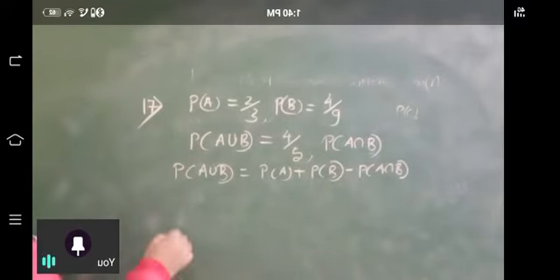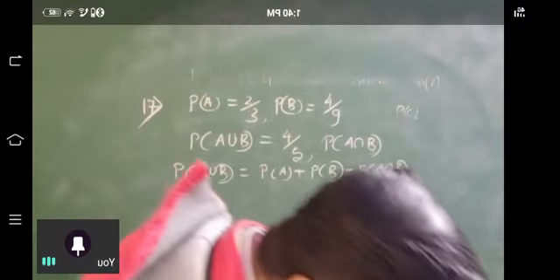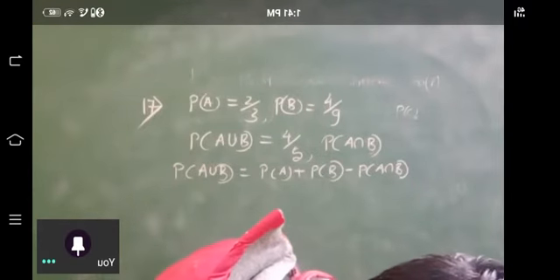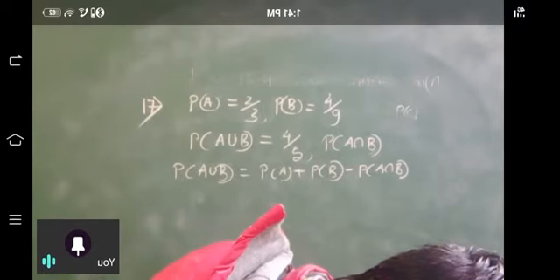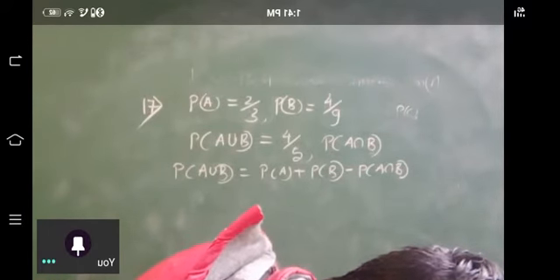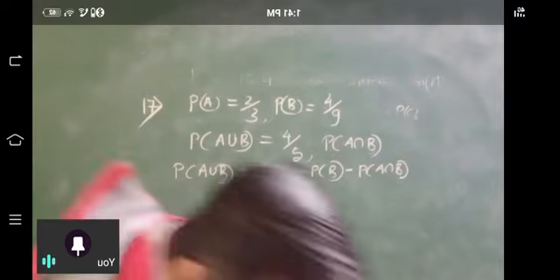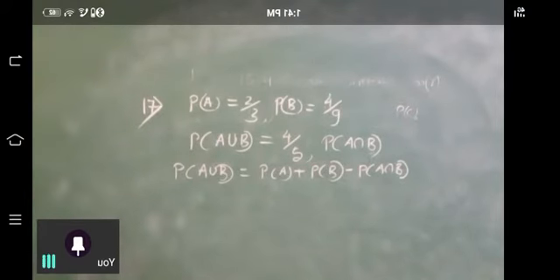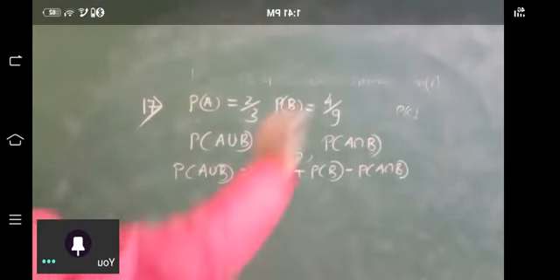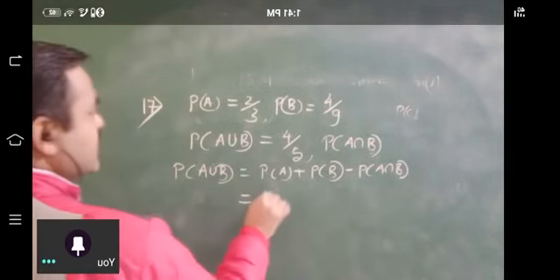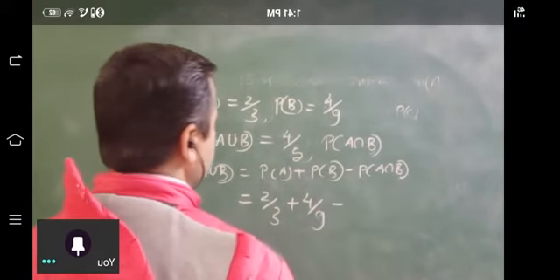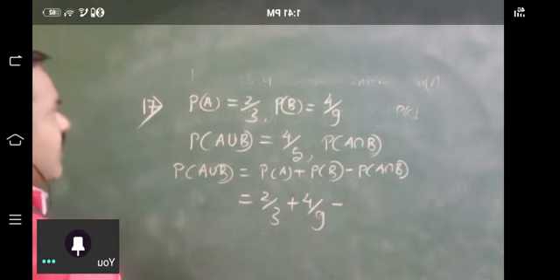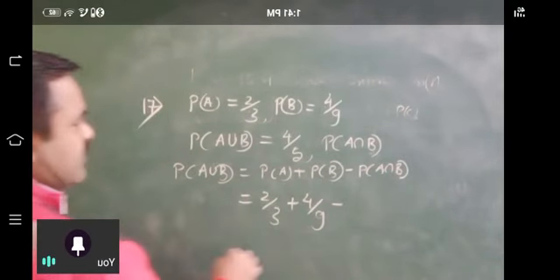Here probability of A union B is equal to, what is it asking? At least one. If the probability of getting at least one contract is 4 by 5, find the probability that he will get both contracts. So put here 2 by 3 plus 4 by 9 minus, which other one was given? Okay, 4 by 5.